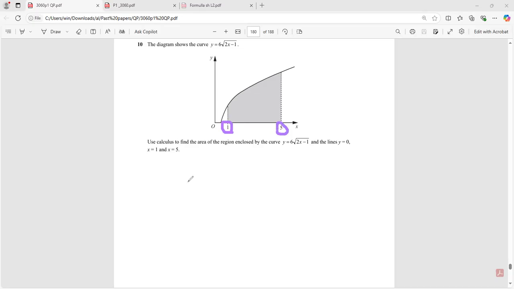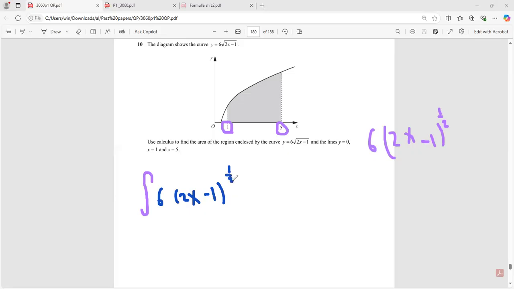Let's get started. So here, first of all, we have to rewrite this, which is 6 multiplied by (2x minus 1) all to the power half. So now we're going to make the power plus 1. So the integral of 6 (2x minus 1) to the power half dx.